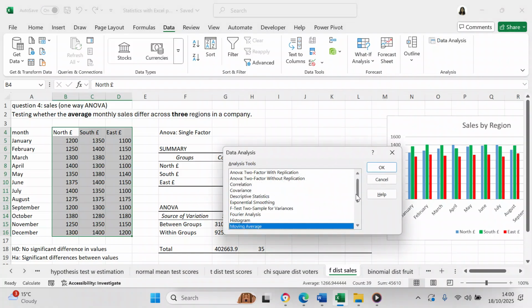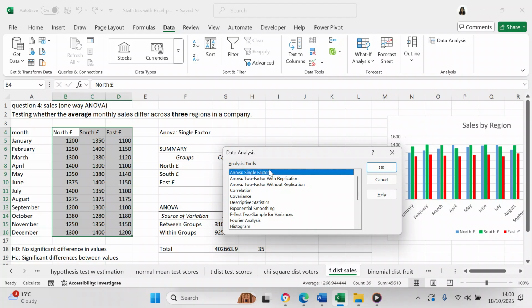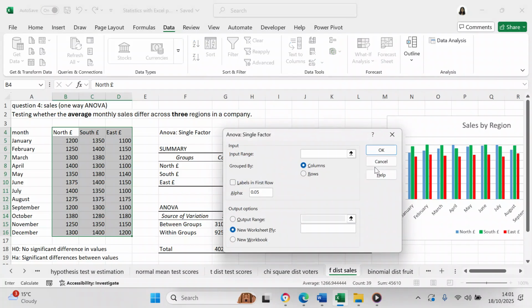You're going to see a one-way ANOVA, ANOVA single factor, and ANOVA two factor. So we're going to try ANOVA single factor and see what it says. Your input range is going to be B4 to D16. It's going to be grouped by columns, with labels in the first row.